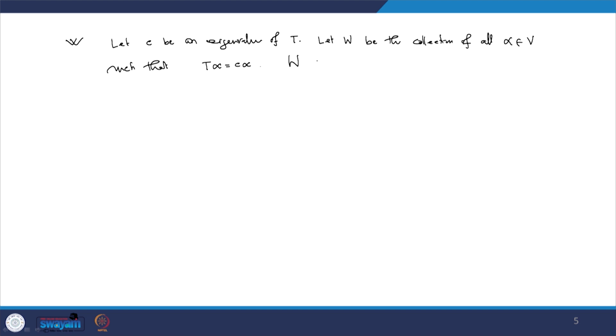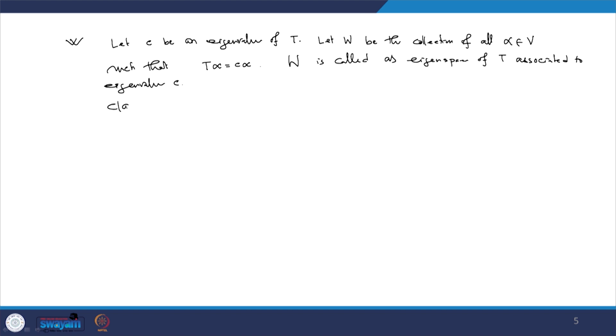Then this W is called the eigenspace of T associated to eigenvalue C.